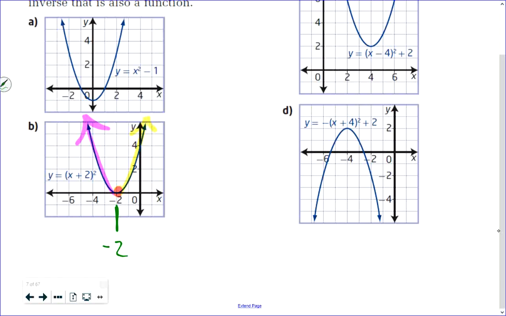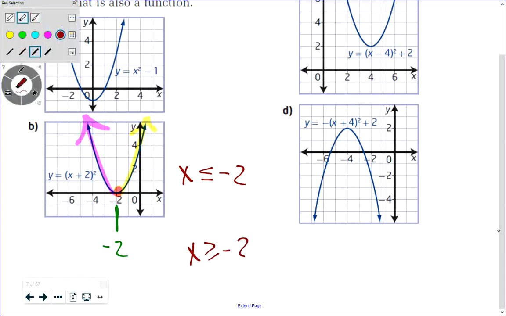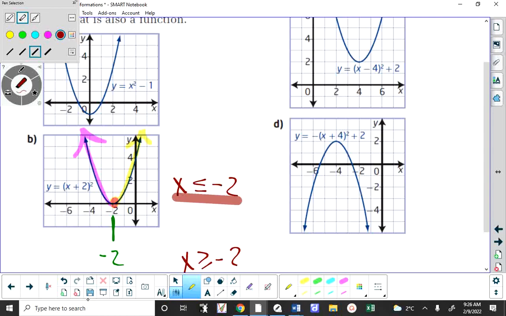And that means if we say x is less than or equal to negative 2, then we are going to get the pink graph. But if we say x is greater than or equal to negative 2, we are going to get the yellow graph. And that's it.